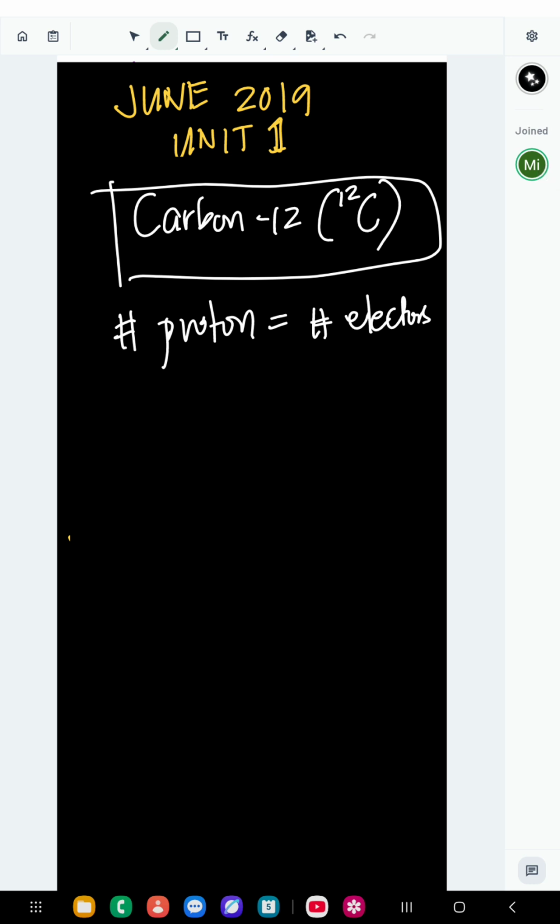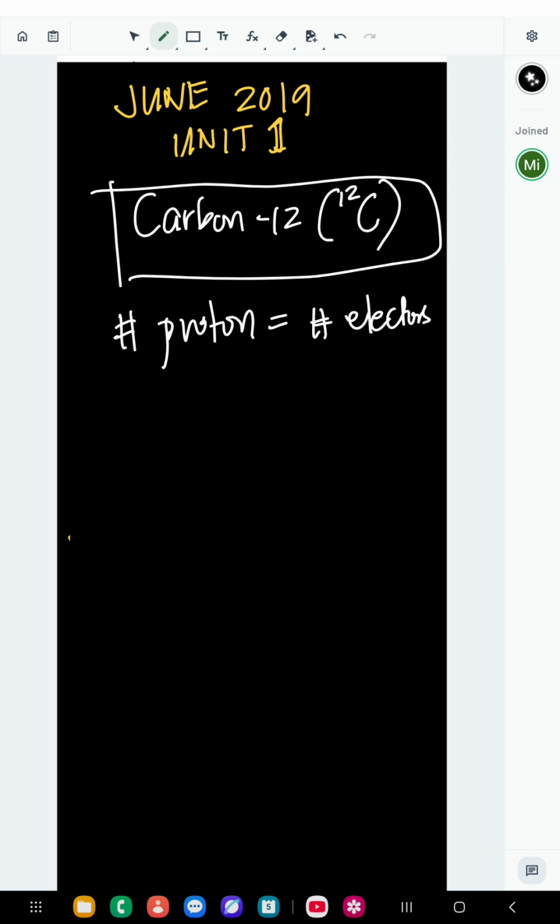A says neutral atoms contain the same number of protons and electrons. Okay, that one is correct. That should be the answer. But for the rest of the choices, B says neutral atoms always contain the same number of protons and neutrons. This is false because neutrons can vary depending on the isotopes. For letter C, electrons have a relative mass of 1 and a charge of -1.